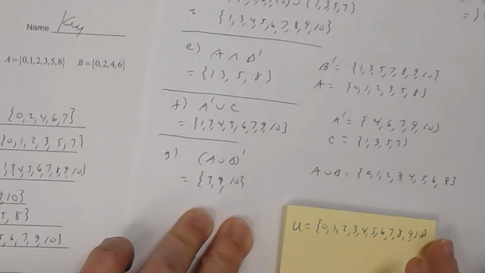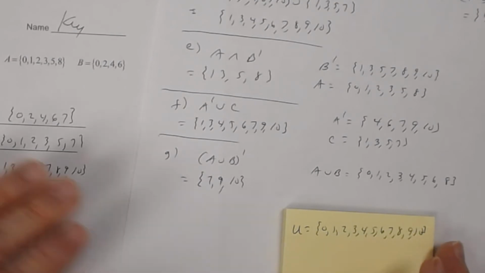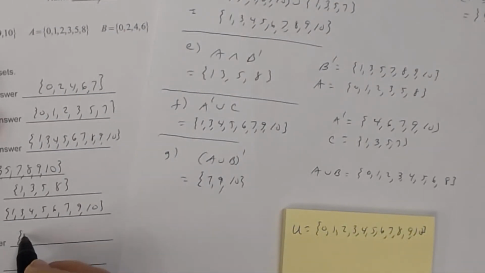So A union B complement is the set consisting of 7, 9, and 10.